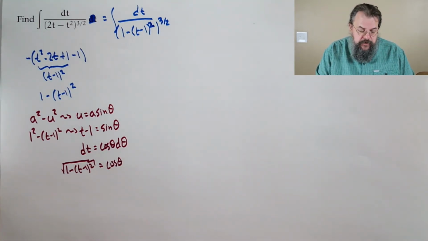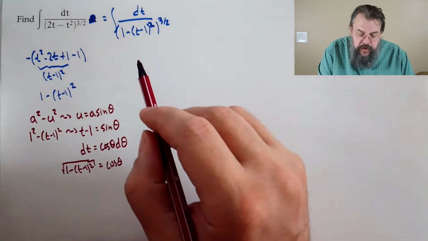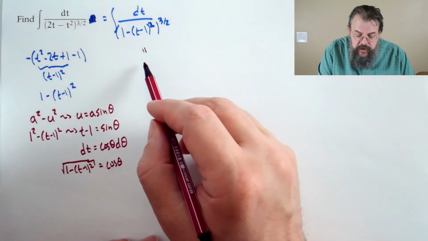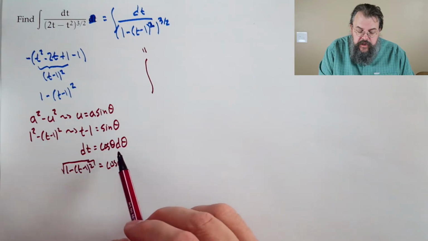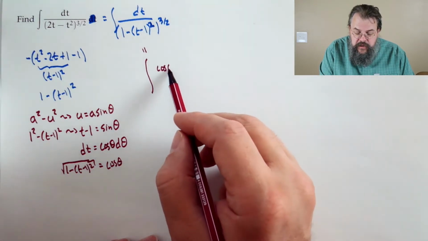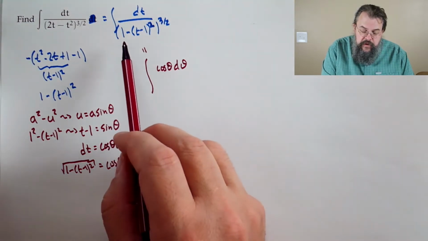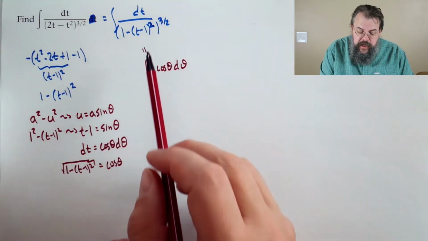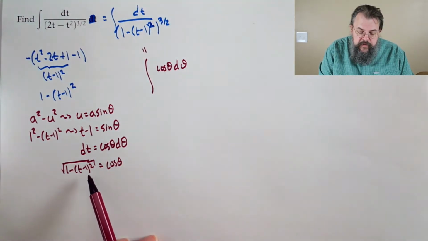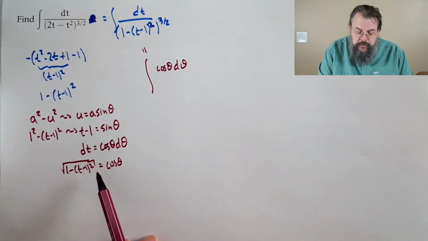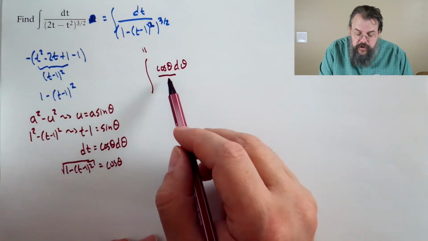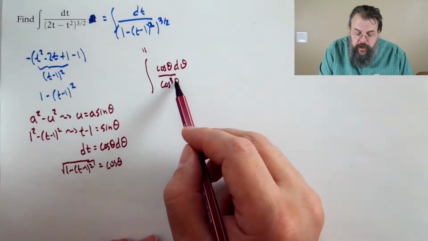All right, great. So our integral becomes, in the numerator, our dt is cosine theta d theta. And now this 1 minus t minus 1 squared to the 3/2, well, that's a square root cubed, that's cosine cubed. Okay, wow.